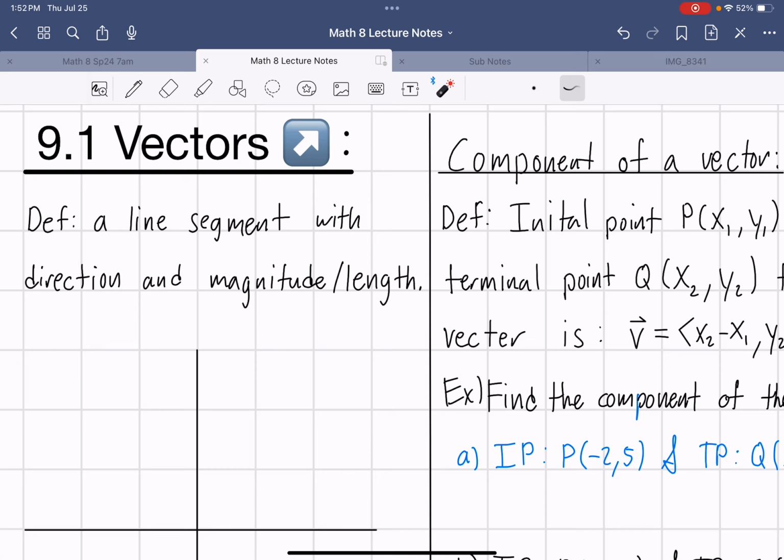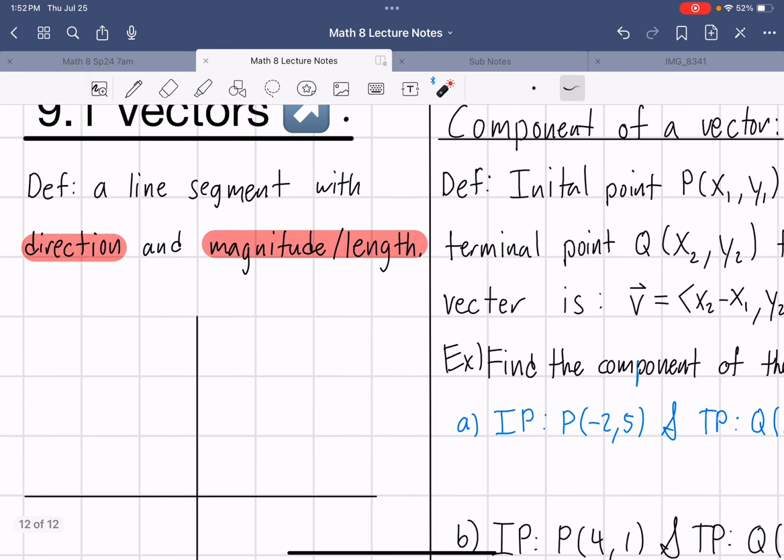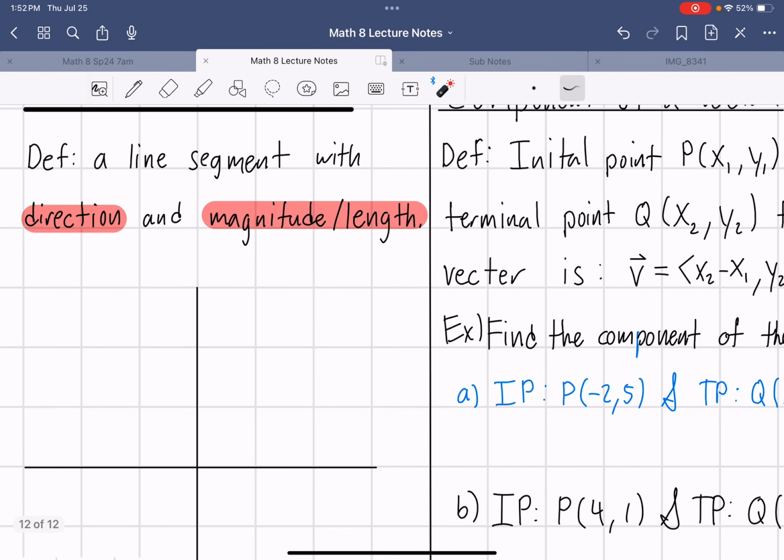Now, like I said, these are very key points. It's direction and magnitude. Now, the quickest way to think about a vector is think about a force in real life, right? When you push or pull or pick up something, there are forces acting on each object. There's even a force acting on us, the force of gravity.